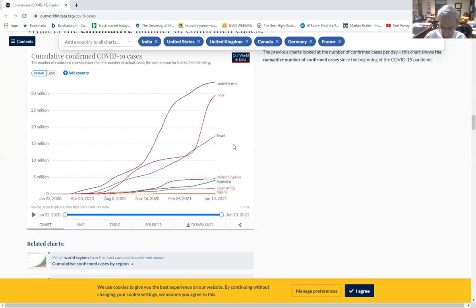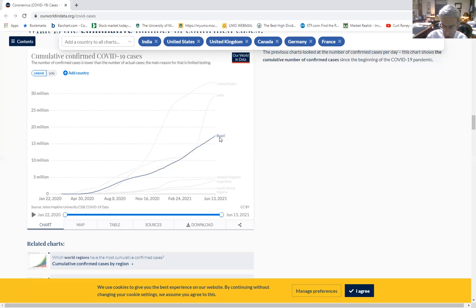Now there's another problem on this chart, and it's Brazil. Ladies and gentlemen, this is a pretty straight line, pretty continuous growth, and no indication of a change in the rate of growth.